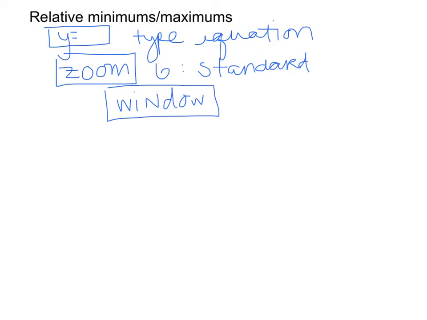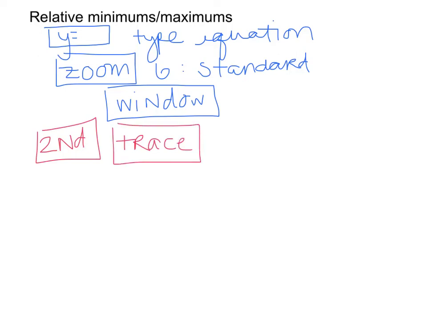And then to actually find the relative minimums and maximums, you're going to press the second button and then the trace. And depending on whether you're finding a minimum or maximum, you're going to press 3 for minimum. And you're going to press 4 for maximum.